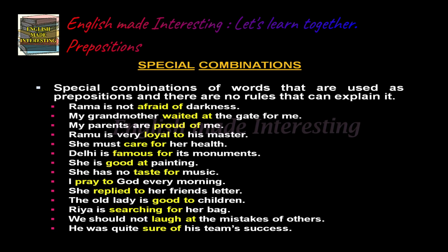Taste for music. I pray to God. Pray to is a combination. She replied to her friend's letter. The old lady is good to children. Ria is searching for her bag. Searching for. So you search for something.